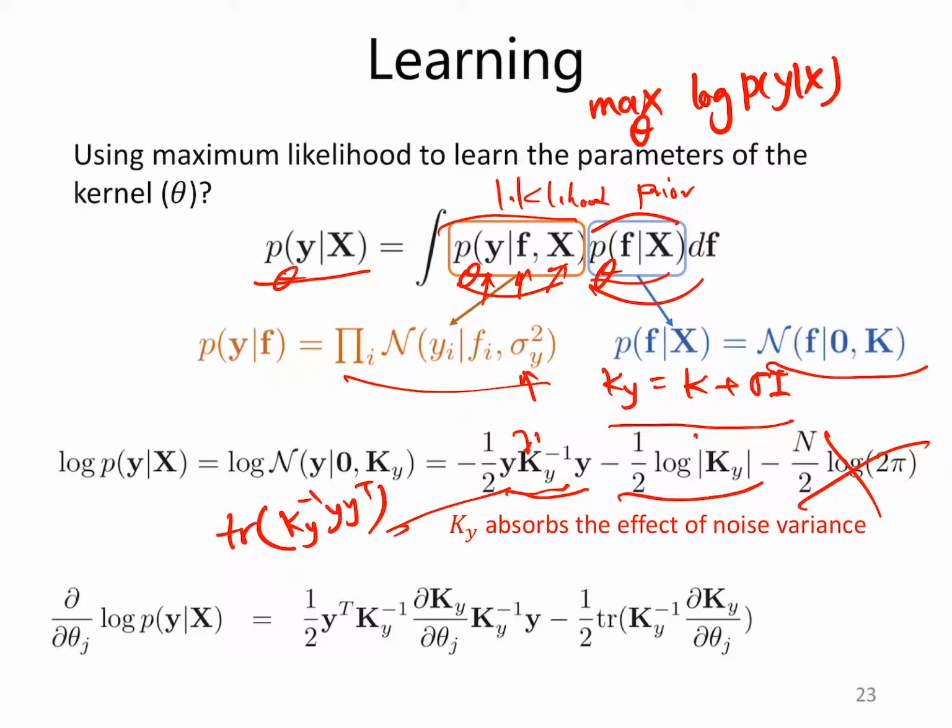N cubed. If n is the number of samples, it is going to be n cubed for the inverse. So what are the approaches to avoid that? It means that if you have a lot of samples, the naive approach is going to kill you because it's going to be very expensive every time you want to evaluate this gradient.